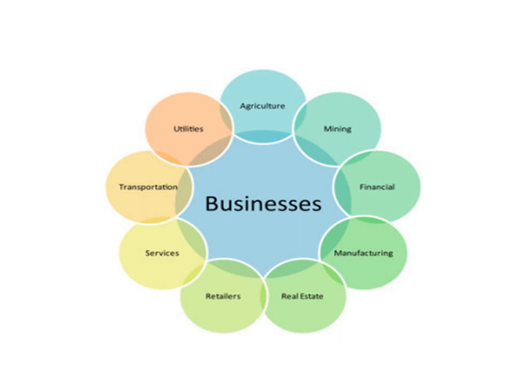Here we have agriculture as a business, mining, financial, manufacturing, real estate, retailers also, a number of retailers, all the shopping malls and the kirana shops and everything, services, different services we are having, transportation services, banking services, financial services. So transportation is also included, but that is a part of the service only. Okay, and utilities. So all these are different kinds of businesses. Apart from that we have so many others.